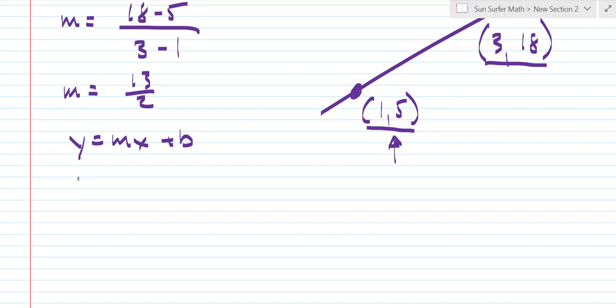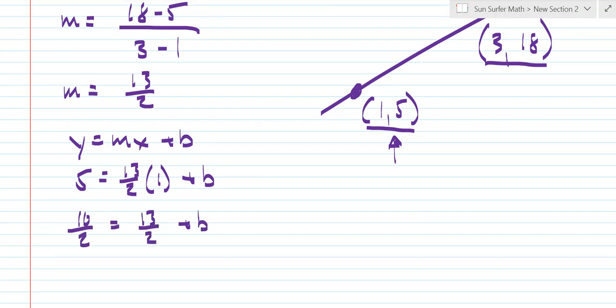So the y value is 5. My slope I calculated to be 13 halves, and the x value is 1, plus b. Now we just need to solve this for b. So 5, or 10 halves, equals 13 halves times 1, which is 13 halves, plus b. Subtracting 13 halves to the other side, we get negative 3 halves equals b.